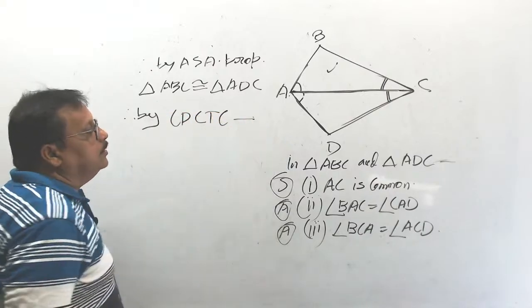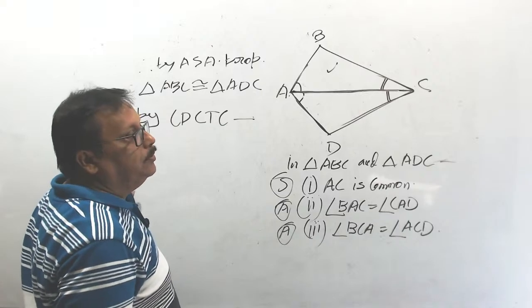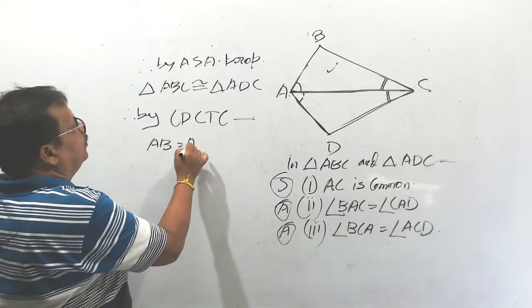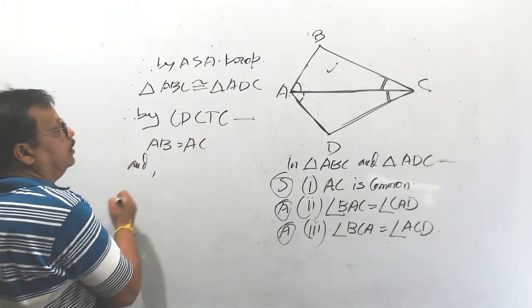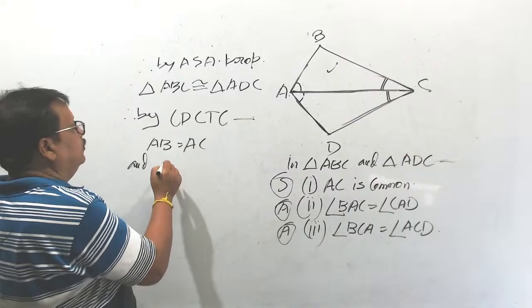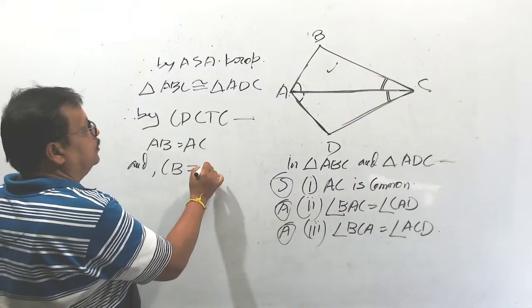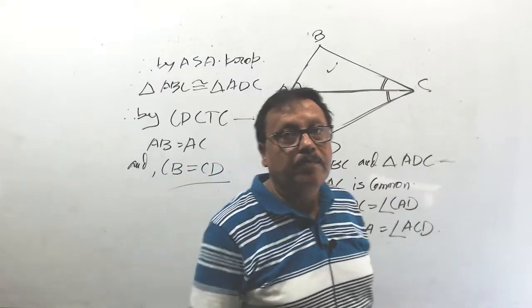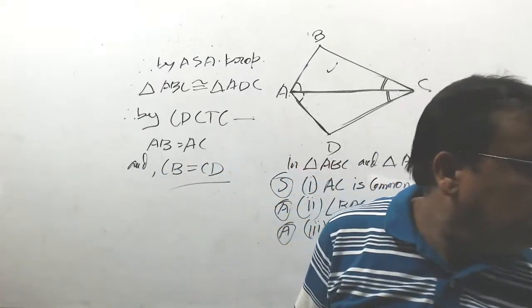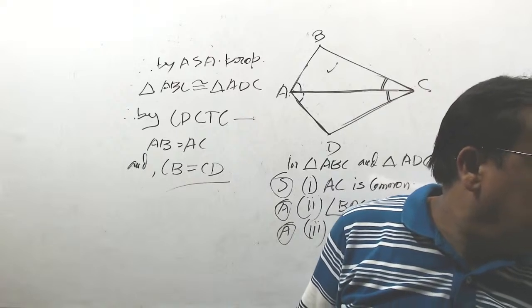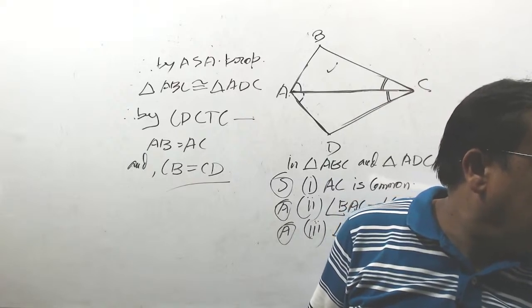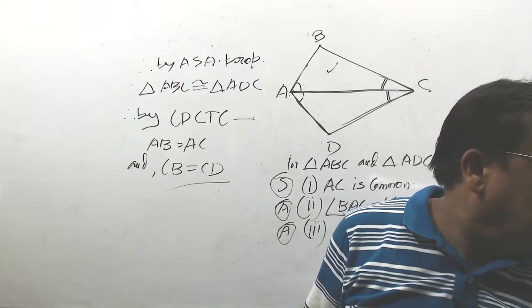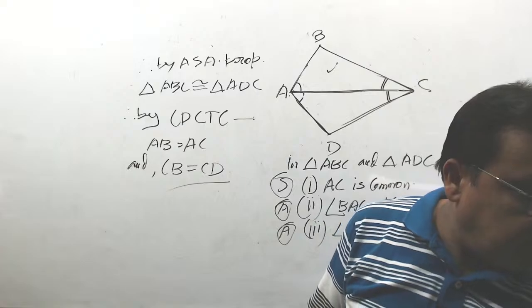CPCTC, you can write what to prove? AB is equal to AD and CB is equal to CD. Yes, according to the problem. I think clear? Yes. Okay, very good.